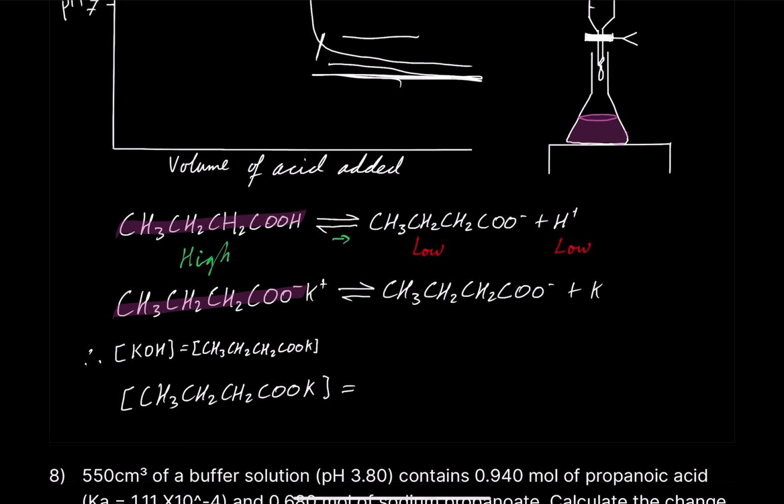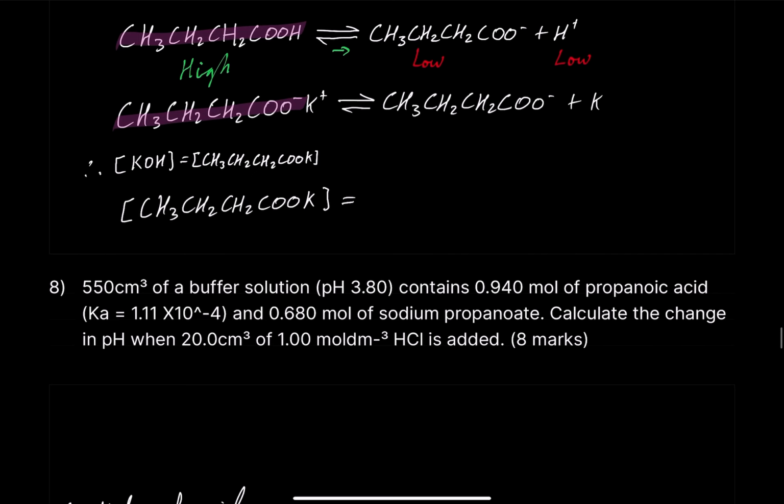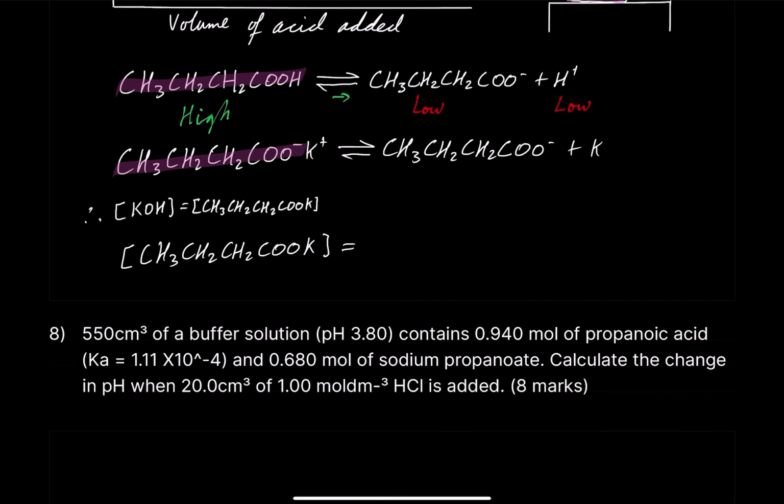Whereas we know salts fully dissociate in solution, and I write salts like this, because it's not a full-on ionic bond, it's more like an ionic interaction, since this wants to dissociate anyway.